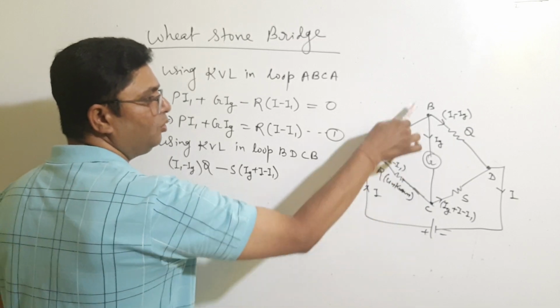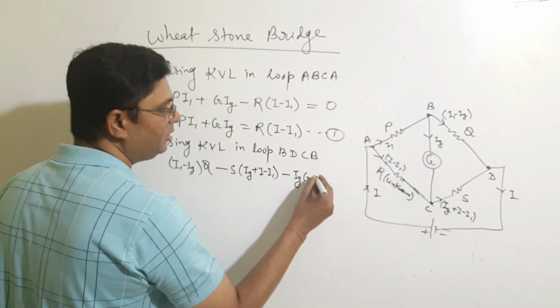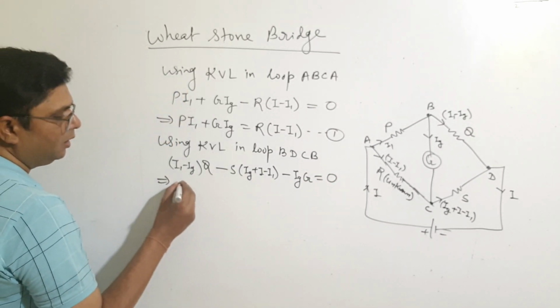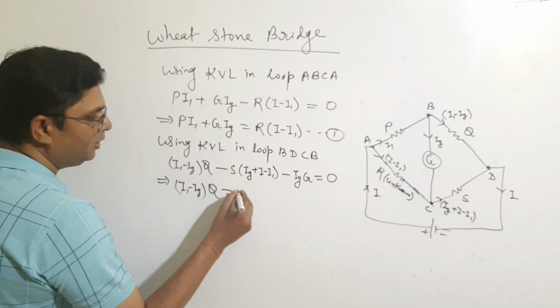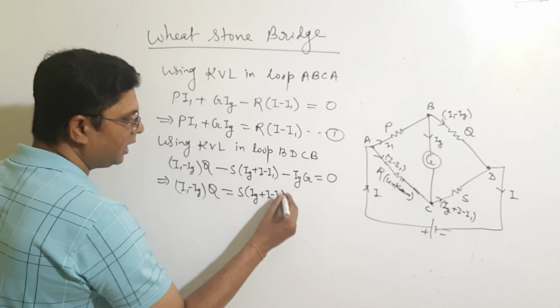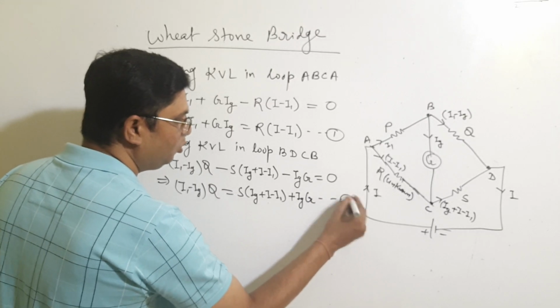Moving from C to B, you have minus Ig into G, which equals 0. So this can also be written as (I1 minus Ig) Q equals S (Ig plus I minus I1) plus Ig into G, equation number 2.